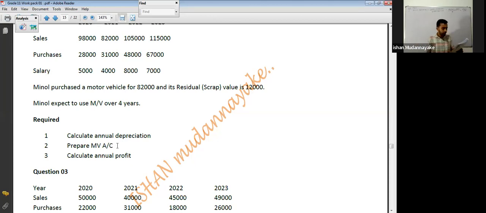Third one, calculate the annual net profit. We will calculate. Then prepare the motor vehicle account and depreciation expense account.